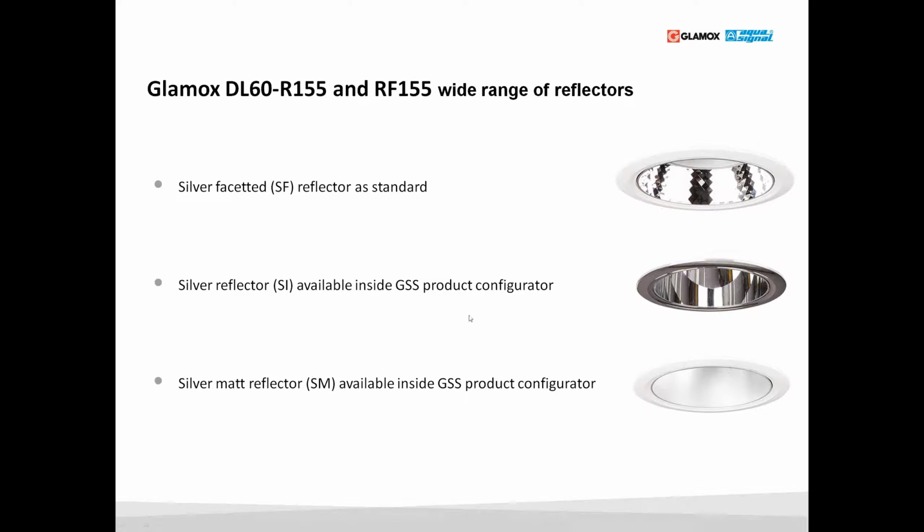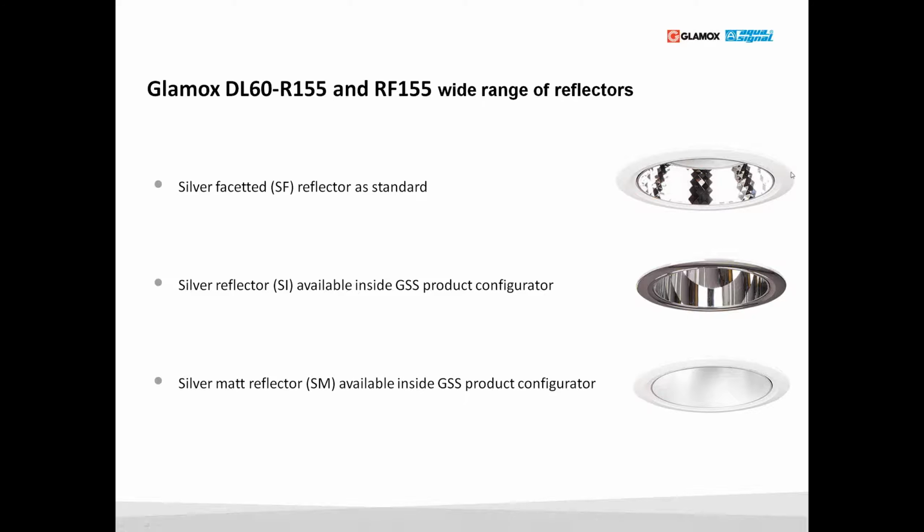And then we have a silver reflector for the R and RF 155. That gives the maximum light output, but it's a little bit more glary, so it's not so nice to look at. And then we have a silver matte reflector that is even better compared with the silver faceted if you look at the glare, but it gives less light output compared with the silver faceted.